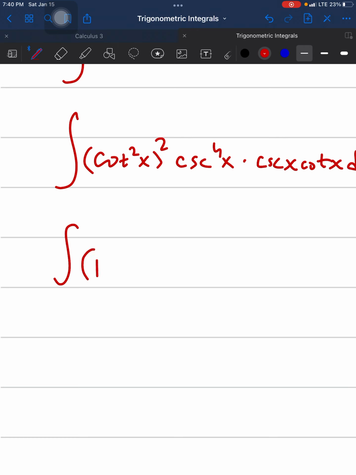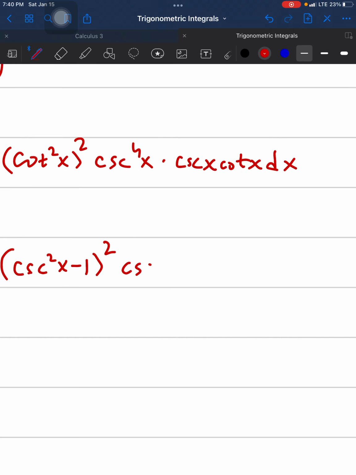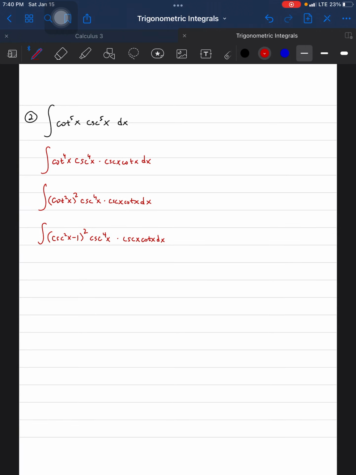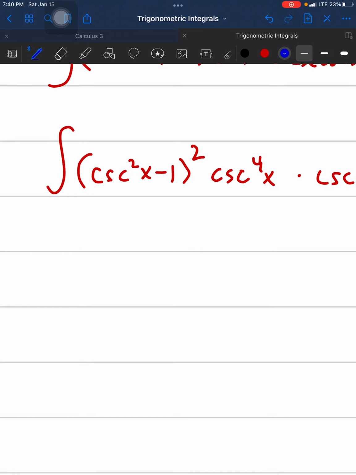Now that we have the cotangent squared x, substitute in the Pythagorean identity. So this is what we get so far. We substituted in the Pythagorean identity, and now we're ready for u substitution.